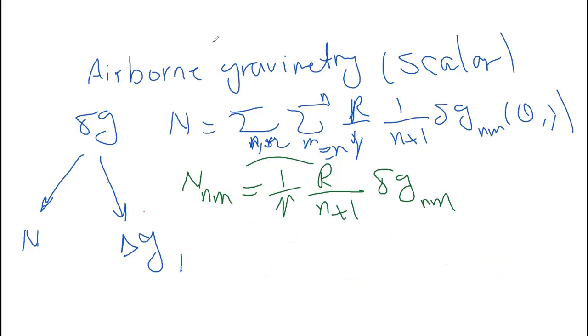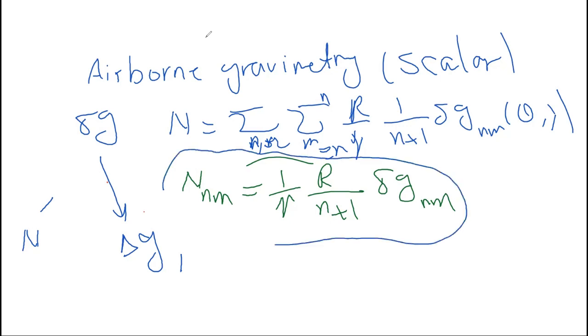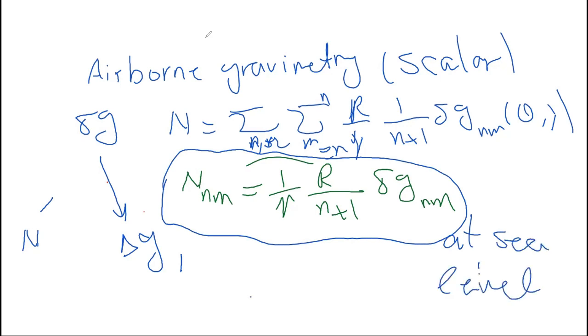This gravity anomaly formula that we wrote here is for the case at sea level, or at the boundary.